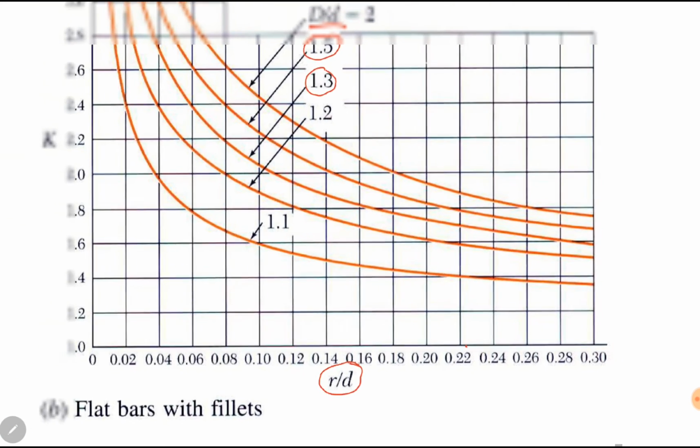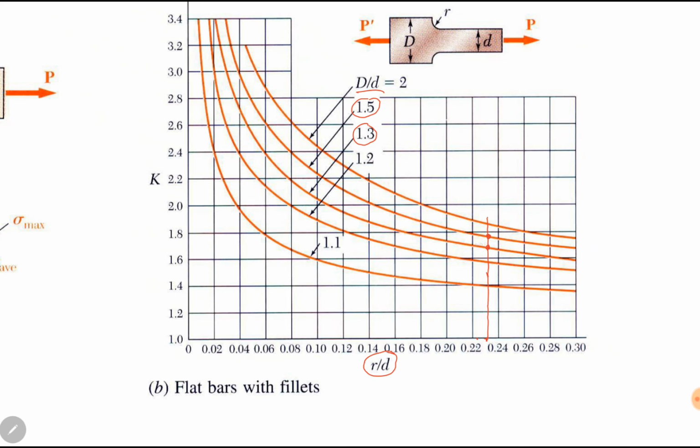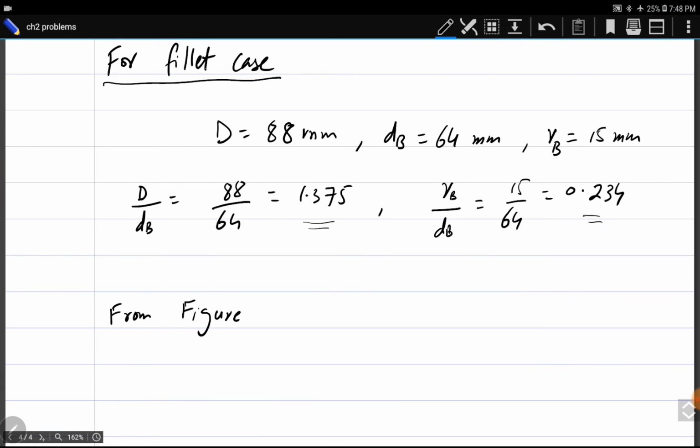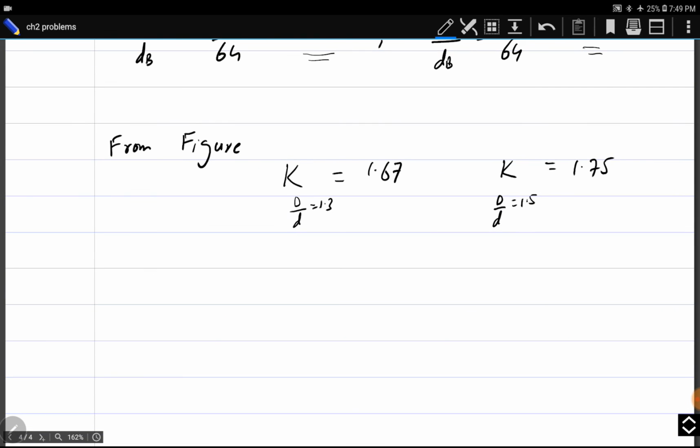These two values are almost equal to 1.67 and 1.75. So K for D by d equal to 1.3 is 1.67, and K for D by d of 1.5 is almost 1.75. So we have to find K for D by d equal to 1.375.